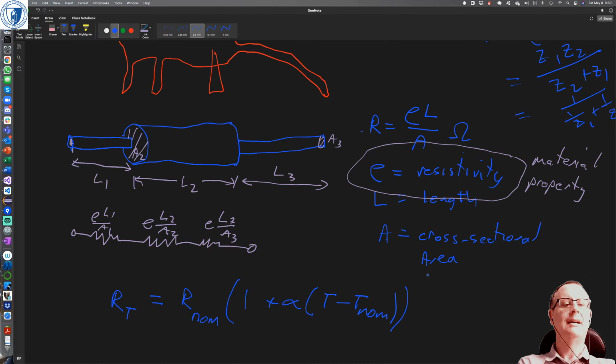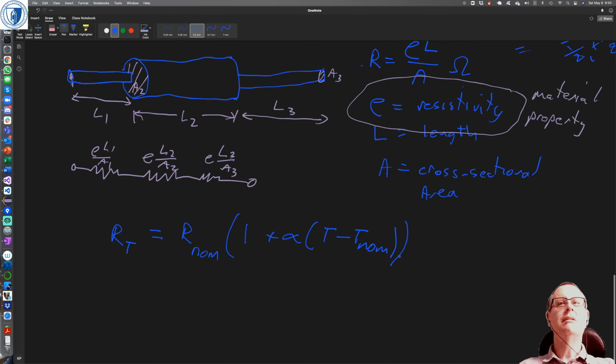So we get our resistance at a given temperature T from this equation: R nom times 1 plus alpha times T minus T nom. And usually this is 21 degrees Celsius. And note that this number, alpha, is the temperature coefficient and it's in per degrees Celsius.